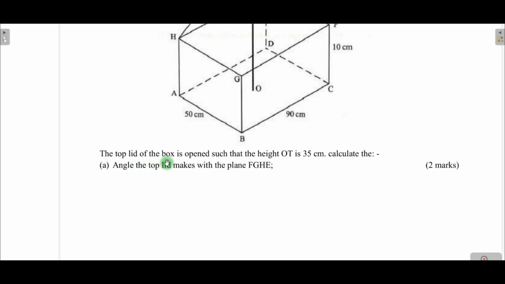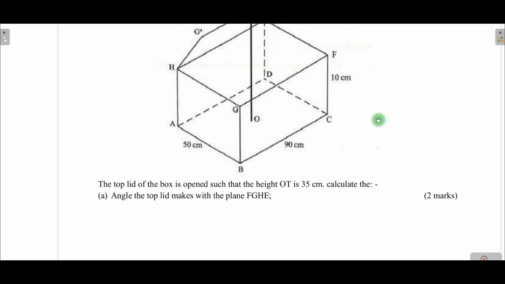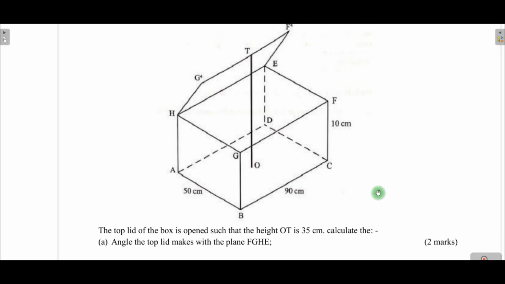The top lid of the box is opened such that the height OT from the base is 35 centimeters.